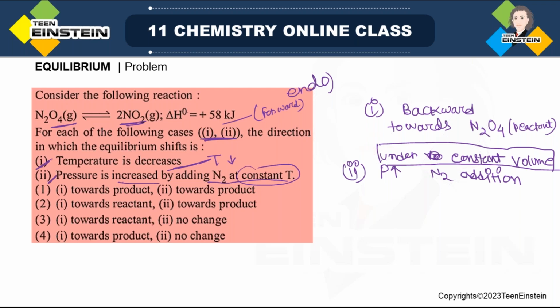So when it is constant volume, whether you add any type of inert gas, there is actually no effect. Effect of inert gas is possible only when it is under constant pressure condition. But it is not constant pressure condition because it is already written pressure is increased. That means it is constant volume condition, and constant volume means no change.